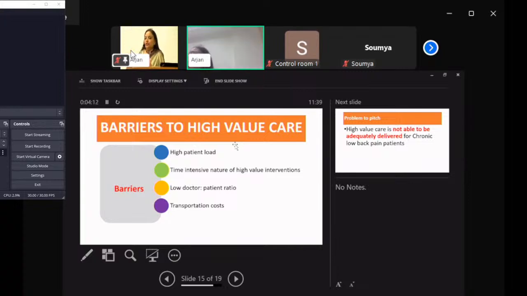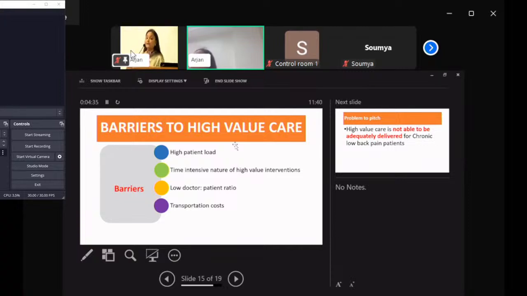Usually pain physicians do not give ample time to the patient, explaining the disease process and good ergonomics. You are all IT professionals: your computer should be at eye level, what should be the level of your hands, what should be the level of your wrist. No one gives this, it is usually not followed.